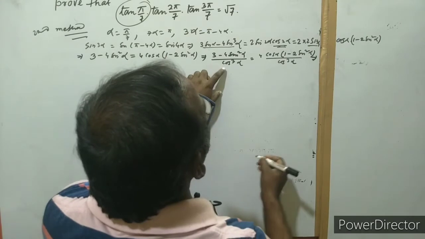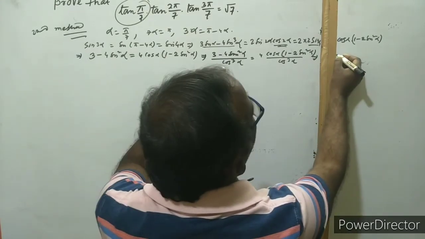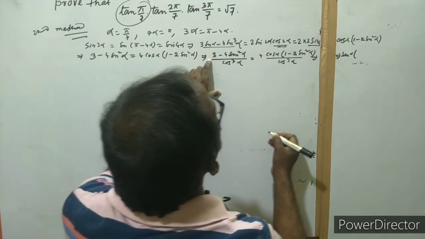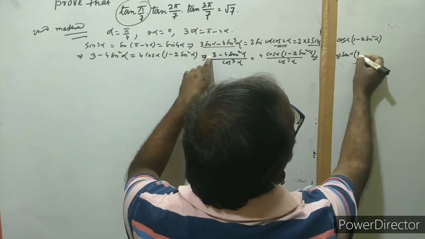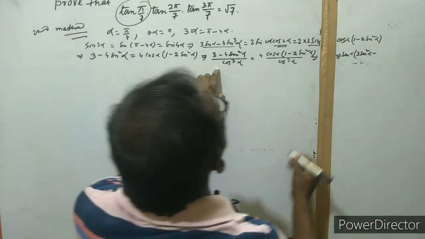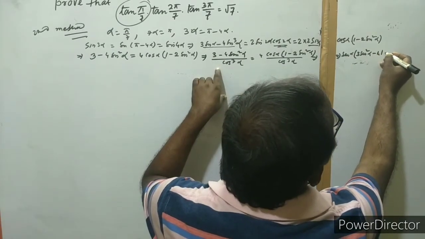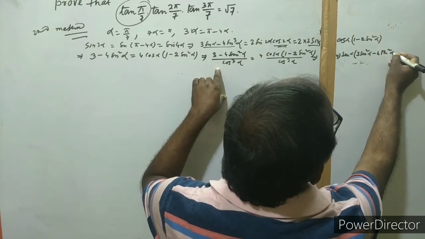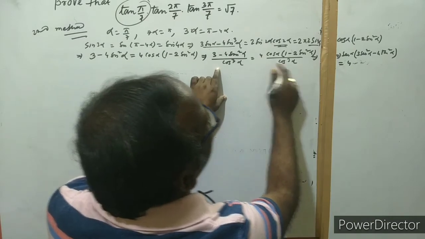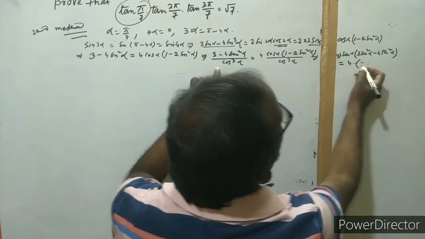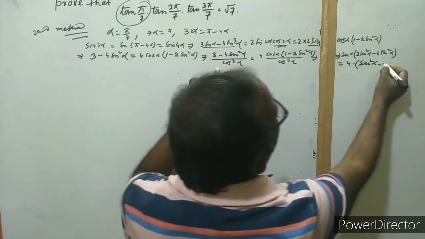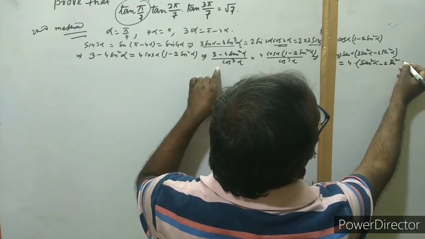So we can write here sec alpha within the bracket, 3 sec square alpha minus 4 tan square alpha, and equal to 4 times, cos cancels, so 1 by cos square, this is sec square alpha, and this by this is 2 tan square alpha.